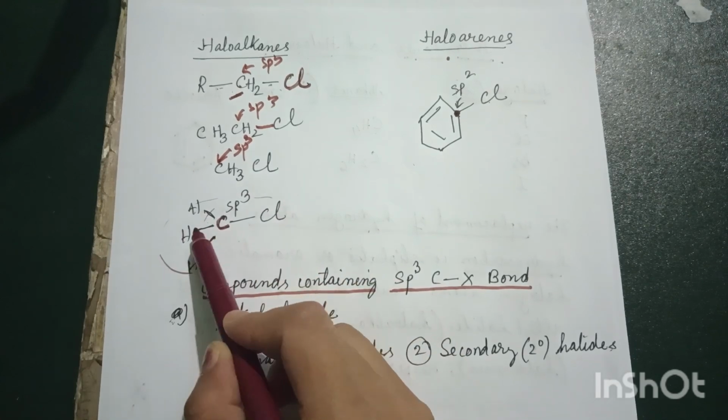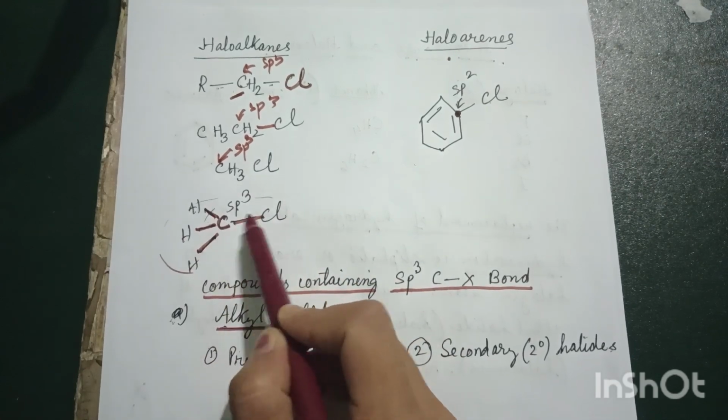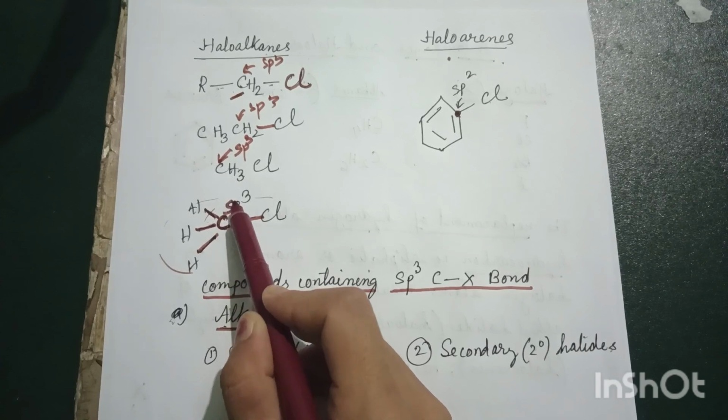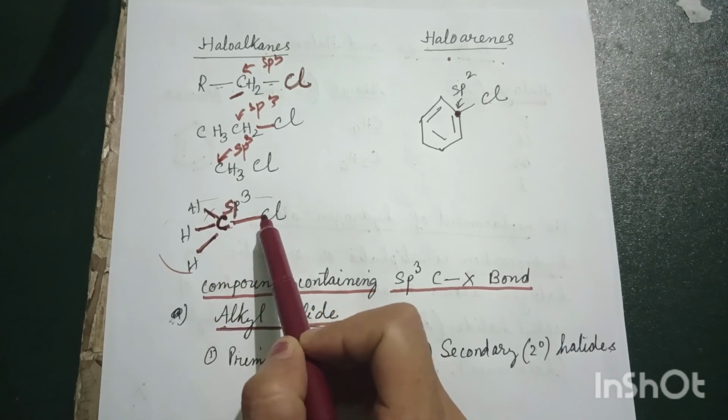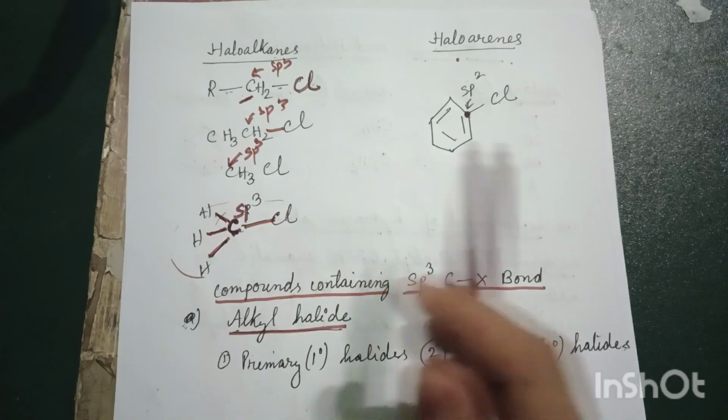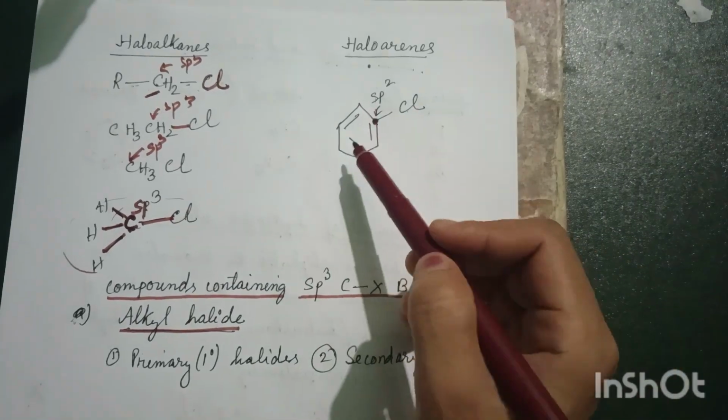CH3 is in the form of tetrahedral, so it is sp3. We have to focus on the carbon that is directly connected to the Cl. Now let's see the difference here.